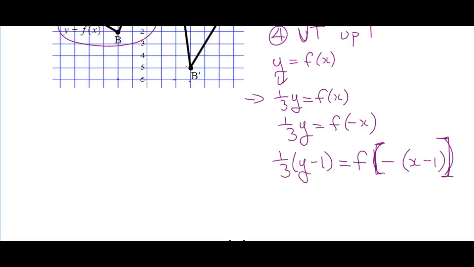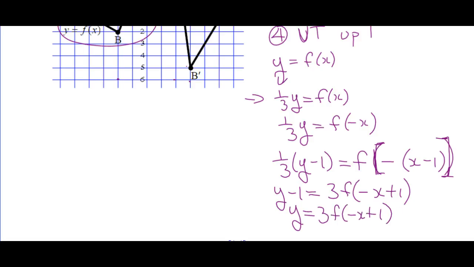Yeah, okay. So y minus 1 is equal to 3 f of, so if I expand the brackets, then that's going to be -x plus 1. So y is equal to 3f of -x plus 1 plus 1. And was it actually h of x? So then in the end, the last thing we write.